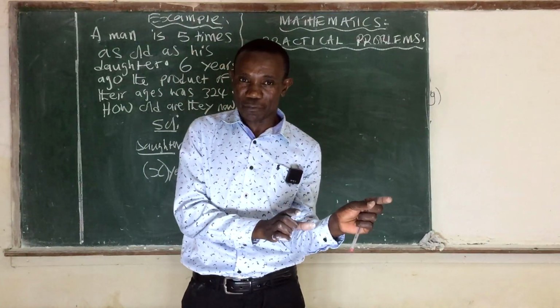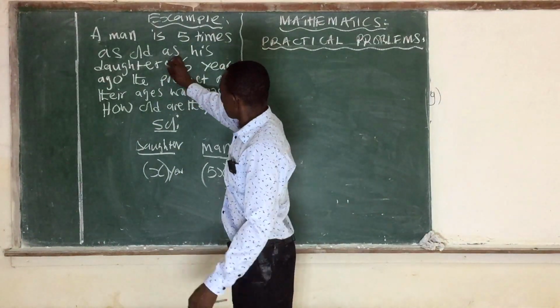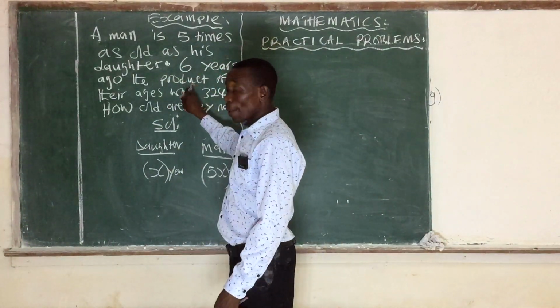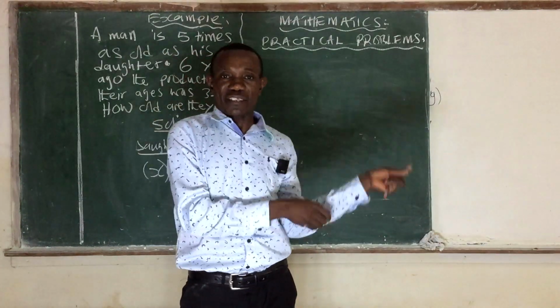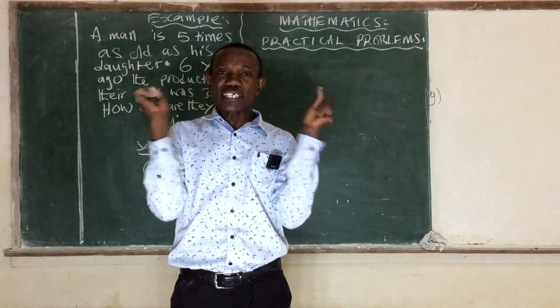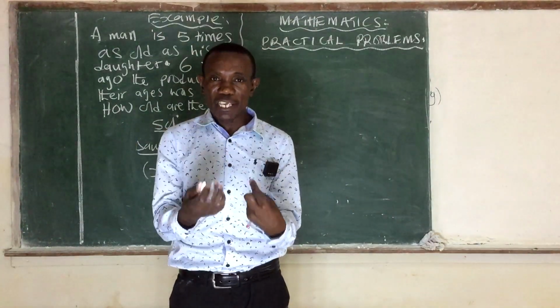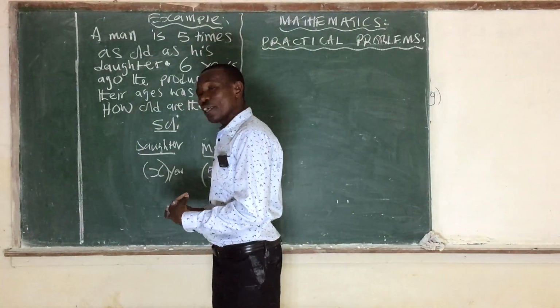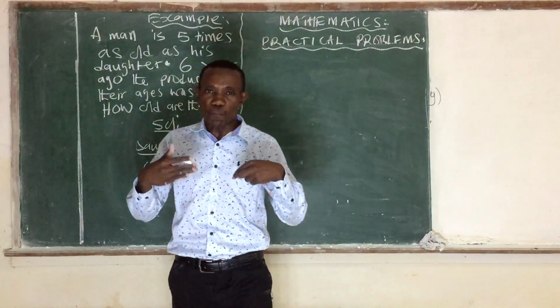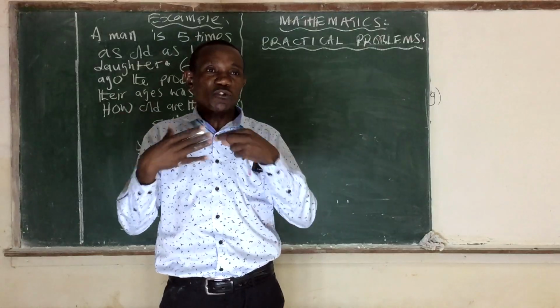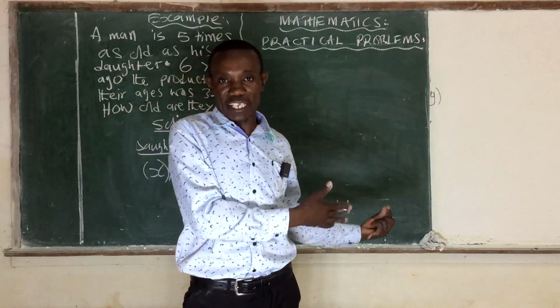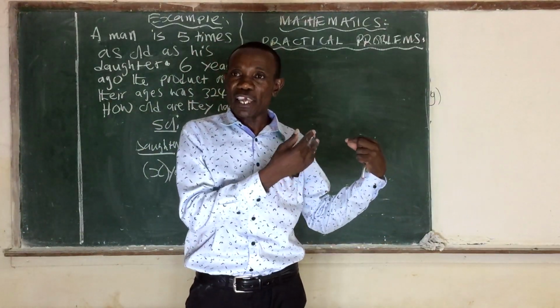Then another statement says 6 years ago. Six years ago is something that tells us about the past. Mathematically, what does it mean? It means everyone's age can be subtracted by 6, for anything that is at present. If we talk of 6 years ago, it's automatically subtracted. Even the dog's age will go backwards by 6.